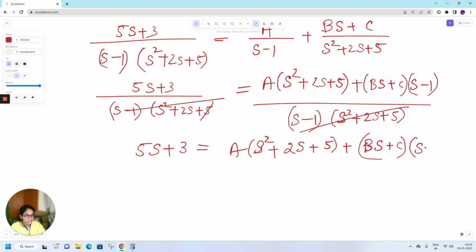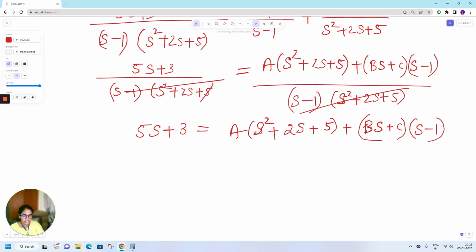into s minus 1. Okay, let me give a value for s now. I should find A, B, C values, right? For that, let s be equal to 1. Why?